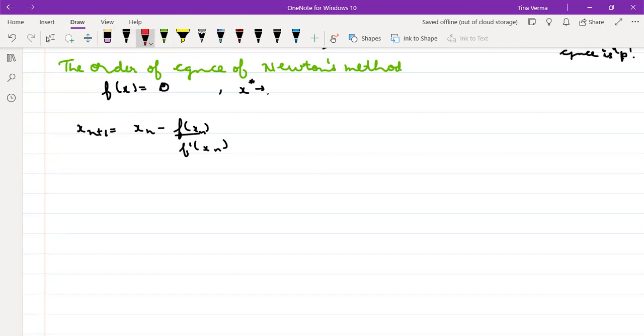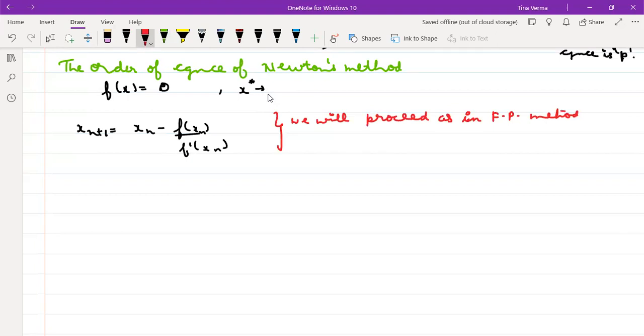So how will we proceed? We will proceed in the same way as in the fixed point method. So what is the fixed point method?